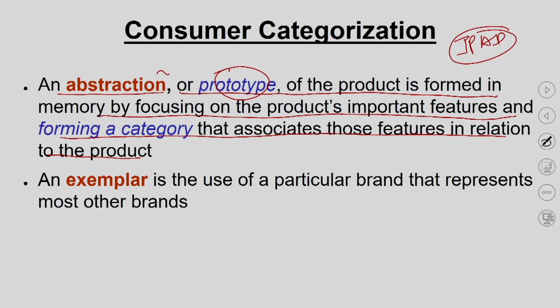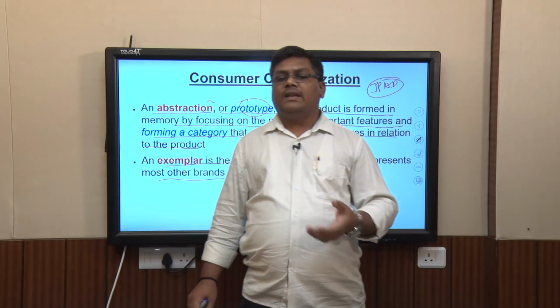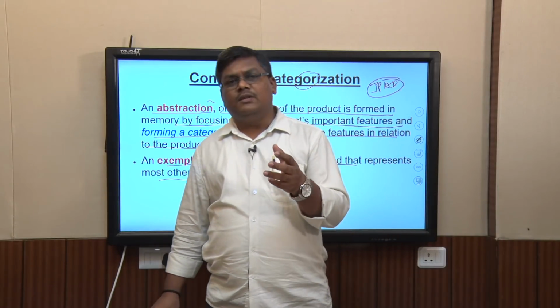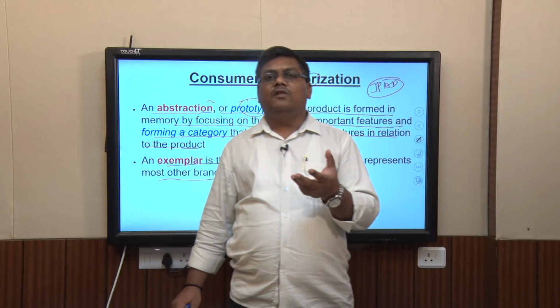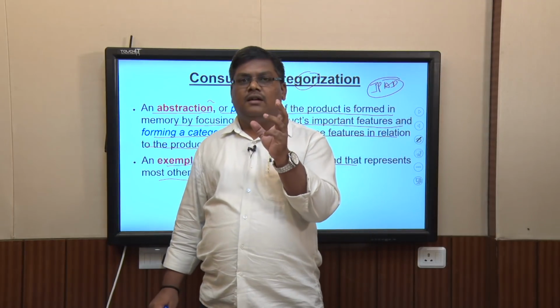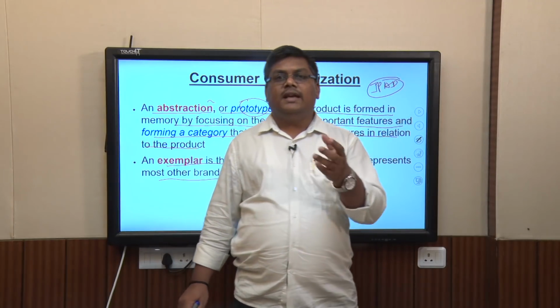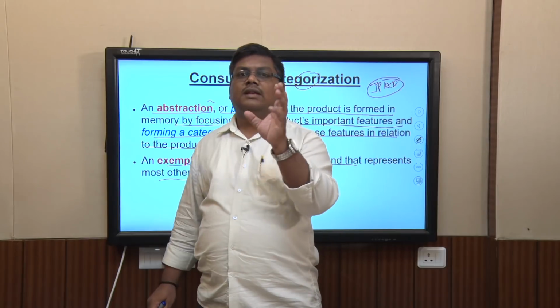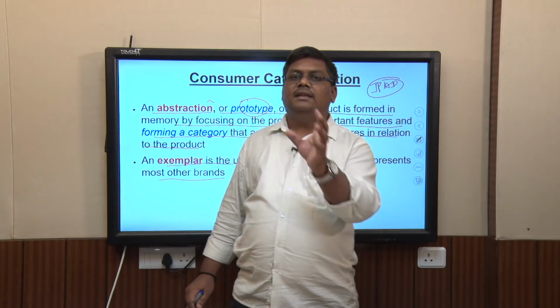And the fourth categorization method that the consumer uses is called the exemplar. Sometimes the consumer does not focus on either the analytical or the non-analytical categorization method. What he actually does is think of a product. So, in terms of exemplar, if I am thinking of a mixer, I can think about Usha's Kitchen Queen, and based on that I think this is a mixer.